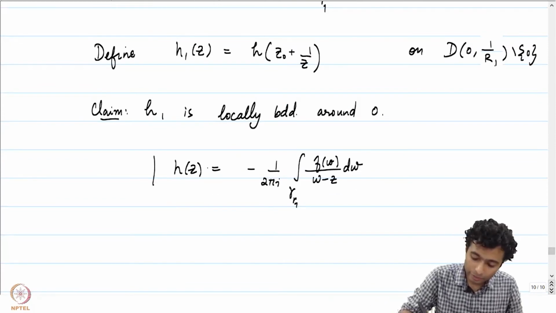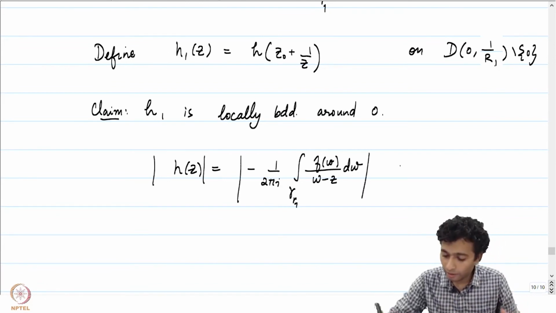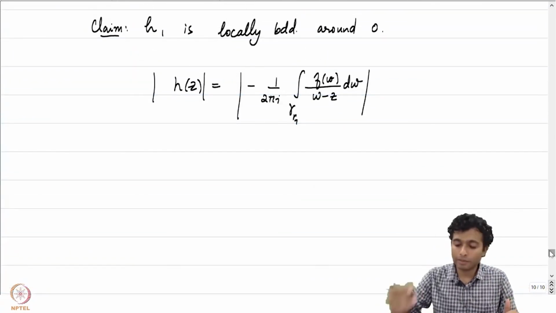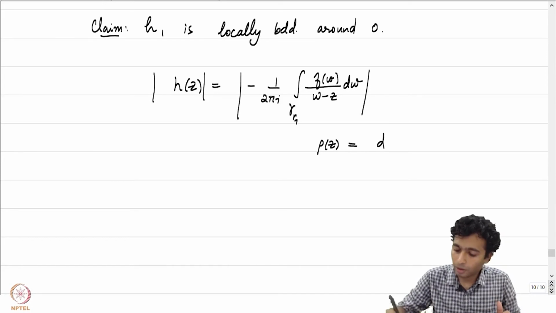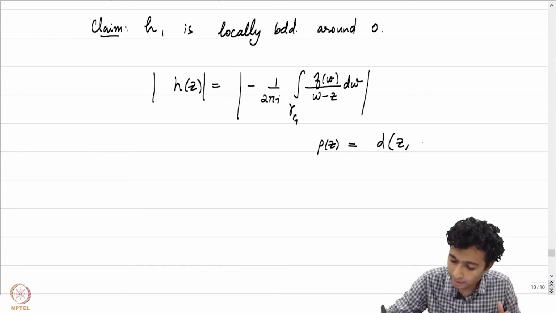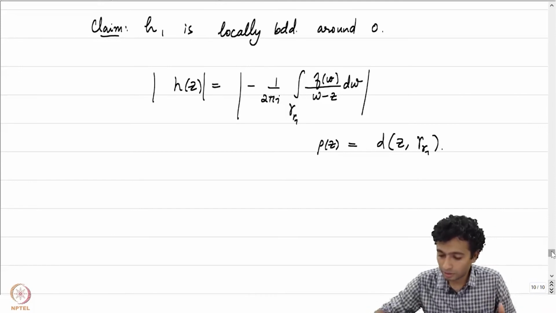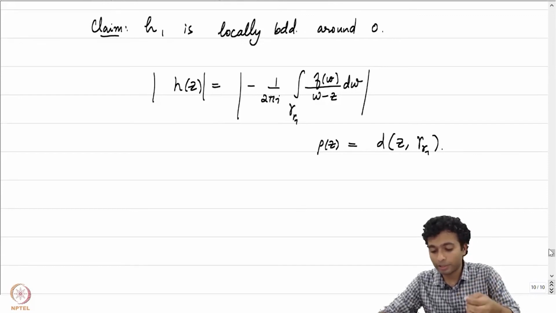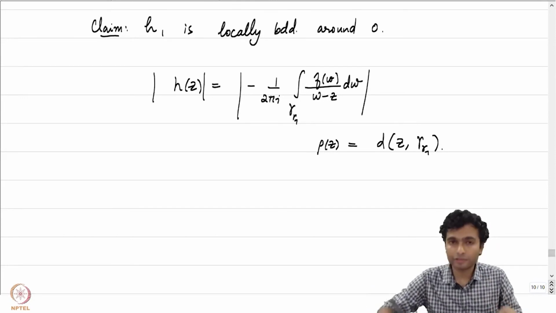Let's fix r1, and on gamma r1 we will have mod f bounded by some number M, and let rho of z be the distance of our point z to gamma r1. That means the absolute value of mod w minus z is going to be greater than rho of z. Remember that this is a function which depends only on z.